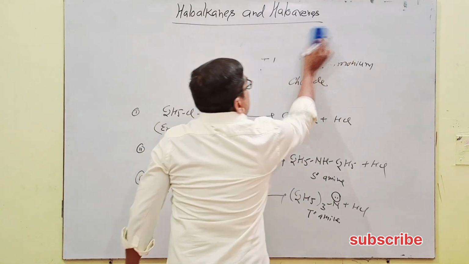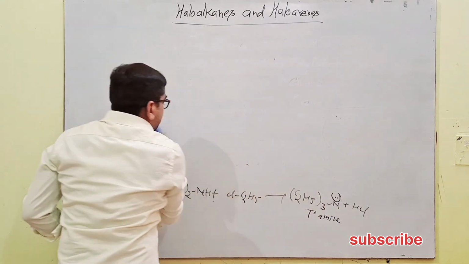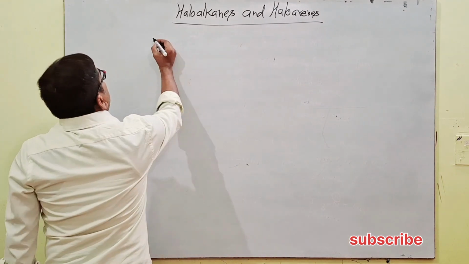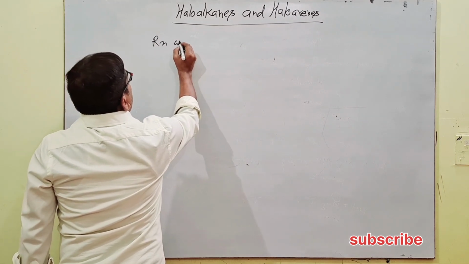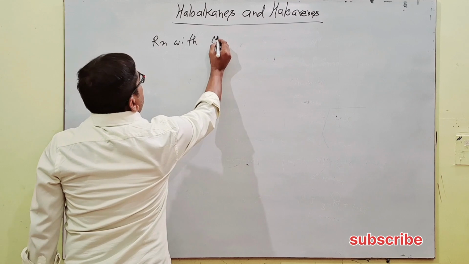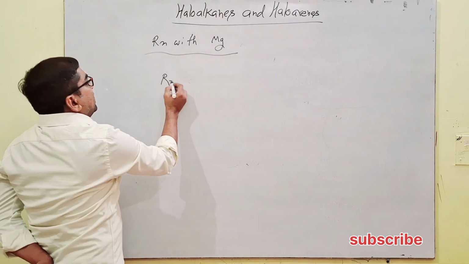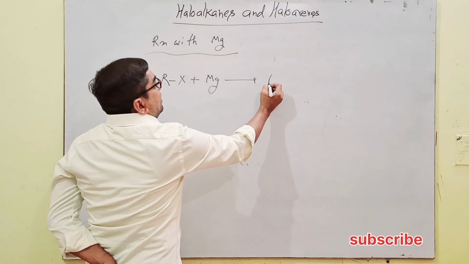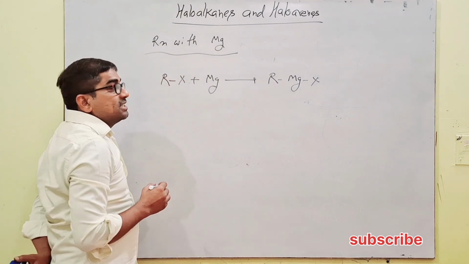Next is formation of Grignard reagent. When alkyl halide reacts with magnesium metal, formation of RMgX takes place.